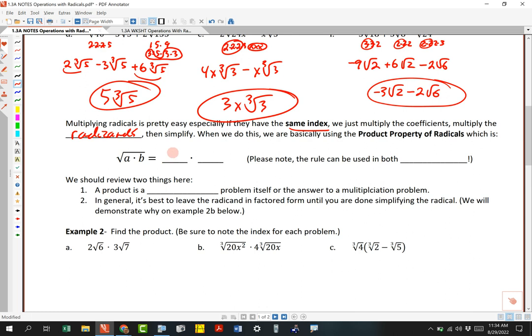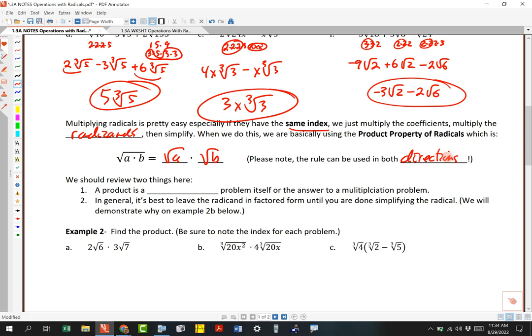The product property of radicals was this: you can find the radical of the first piece and the radical of the second piece separately, but we're using this in reverse, because remember, these can be used in both directions. If we're multiplying them and they have the same root, the same index, we can just put them underneath the same radical and then multiply those together.